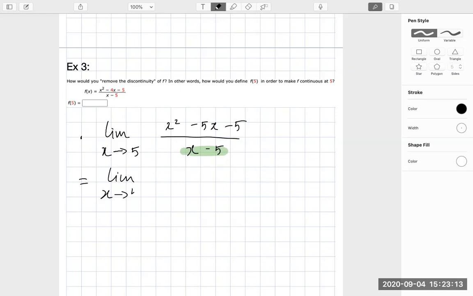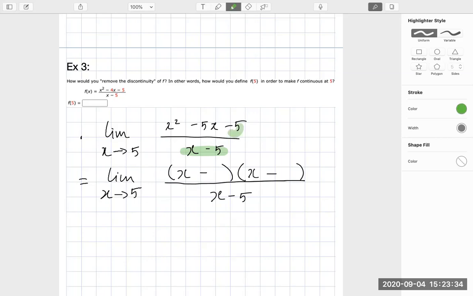This quadratic function would be x minus something times x minus something, divided by x minus 5. And we know that this is negative 5.